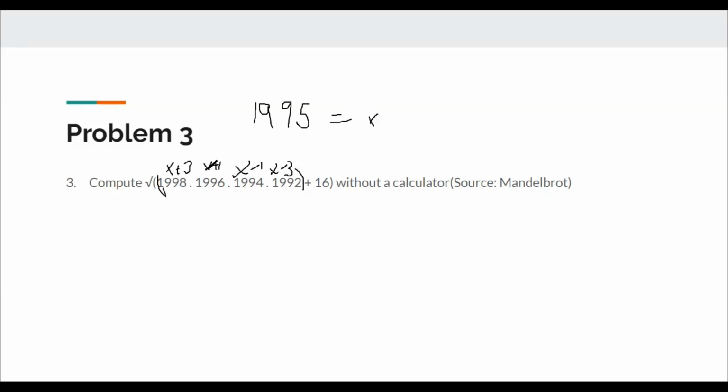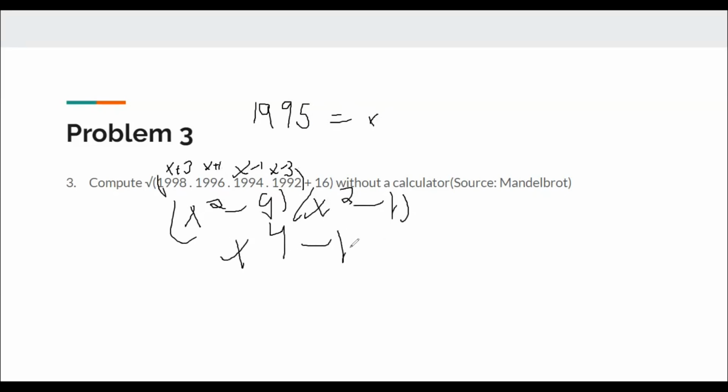We can use difference of squares, and this is going to become x squared minus 9 times x squared minus 1. You can distribute this, and you're going to get x to the power 4 minus 10x squared plus 9, plus 16. So that's just plus 25.